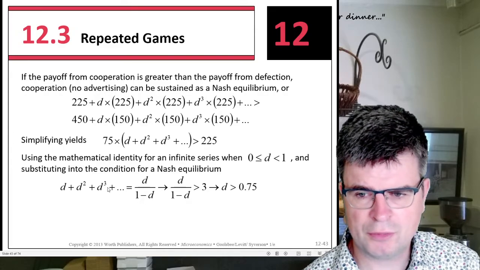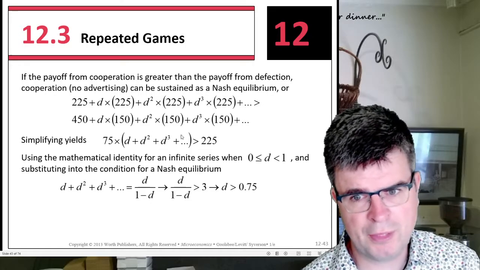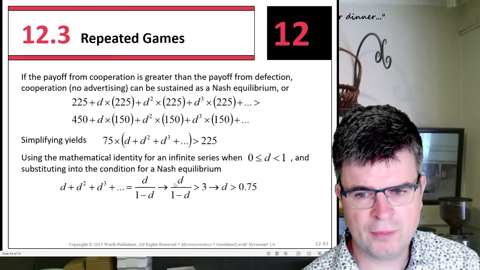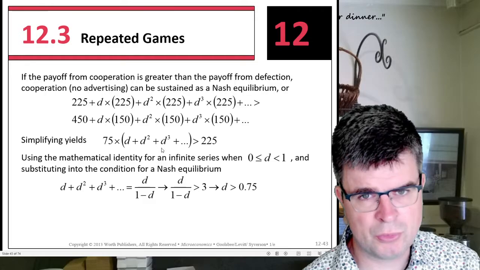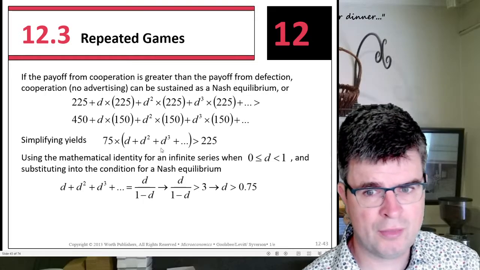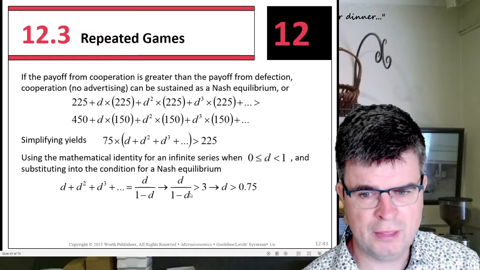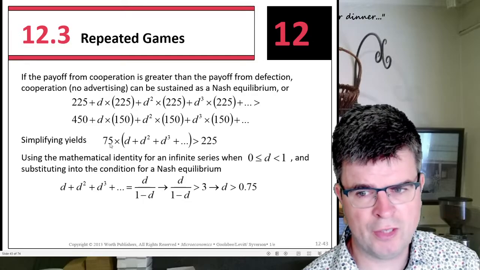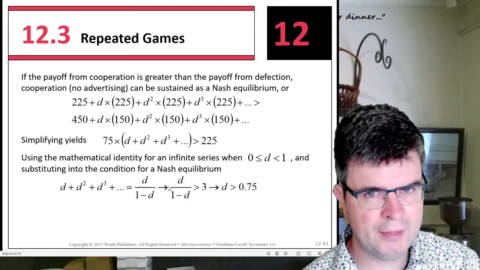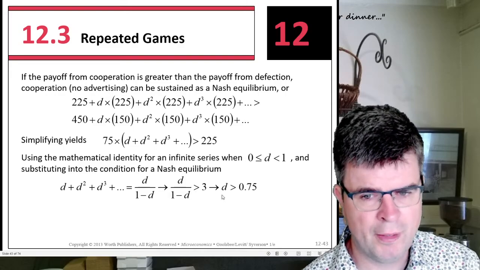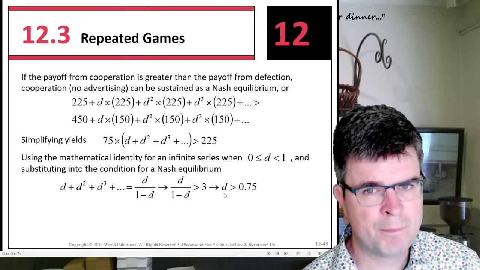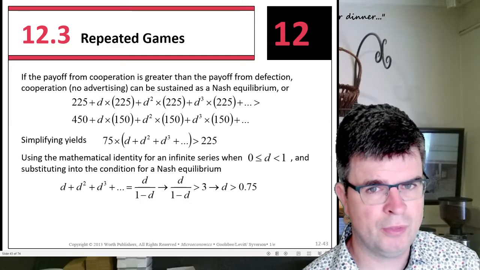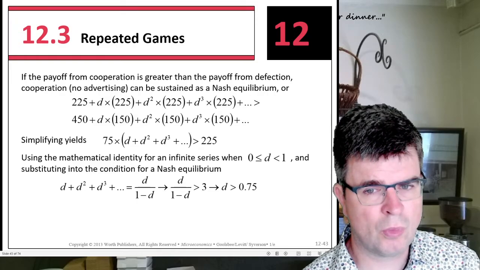If we do that here, so we replace the sum within parentheses by the expression d over 1 minus d, then we get that in order for Warner Brothers to stick to cooperating and not advertising, d over 1 minus d should exceed 3. And we obtain the 3 because we divide the 225 by 75. And that gives us a condition on the discount factor. So as long as the discount factor is larger than 0.75, Warner Brothers will stick to the cooperative strategy.